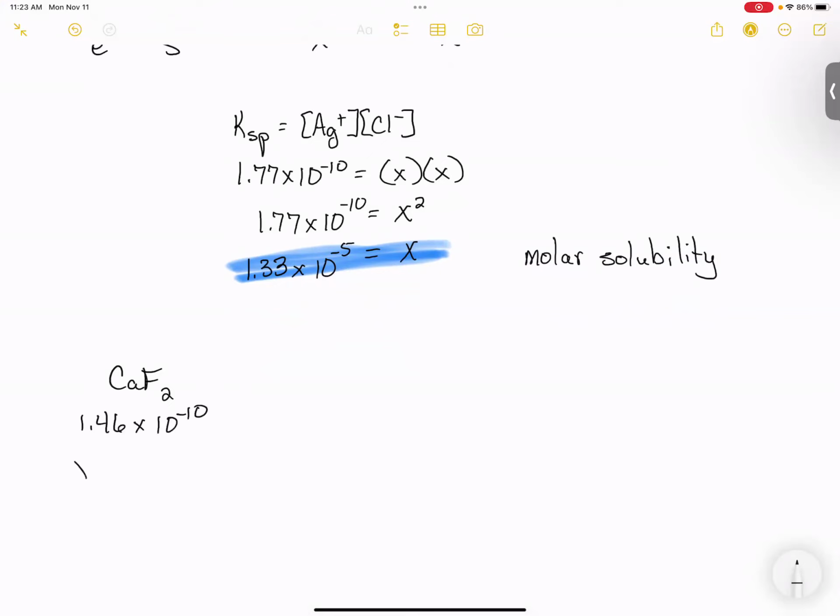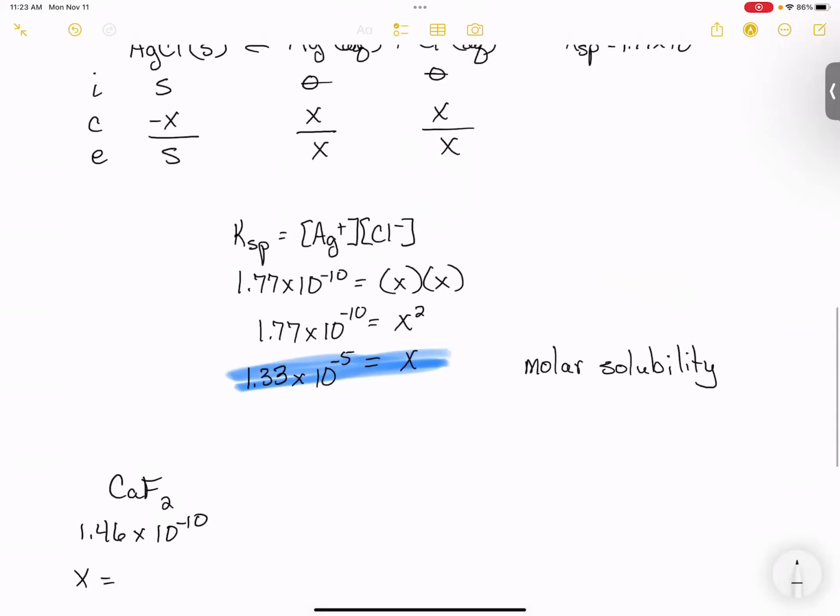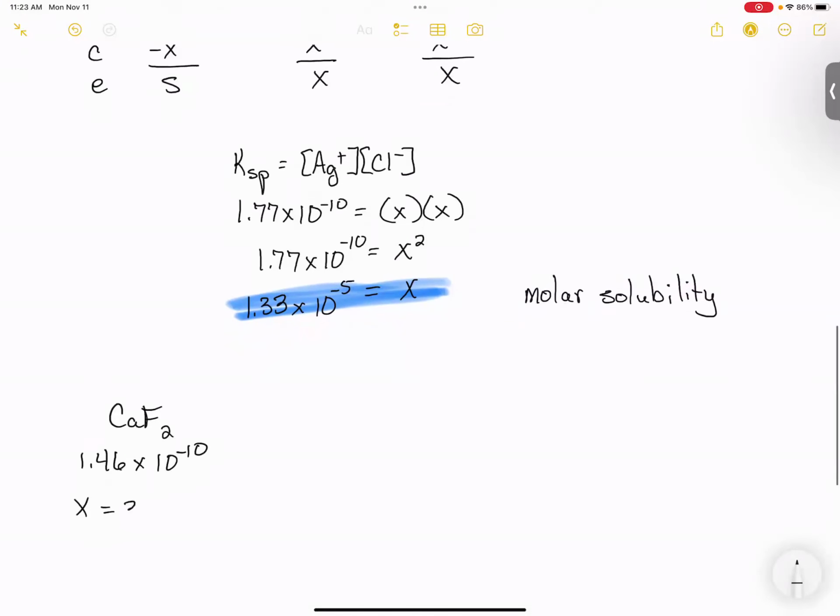And we found out that the molar solubility for calcium fluoride was 3.3 times 10 to the minus 4. And then we did silver chloride. Silver chloride has a value of 1.77 times 10 to the minus 10, and it has a molar solubility of 1.33 times 10 to the minus 5.